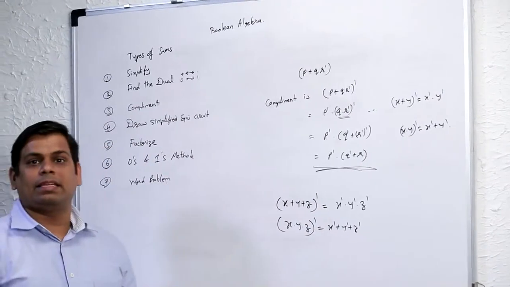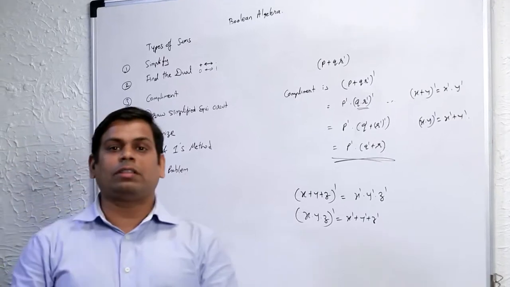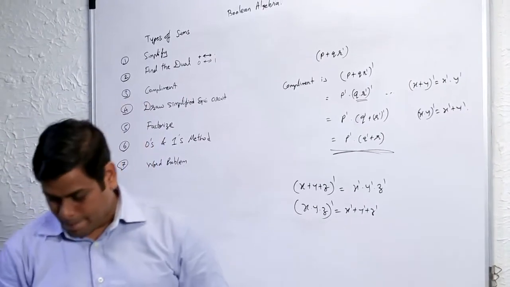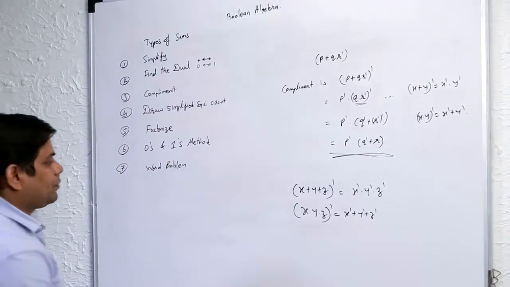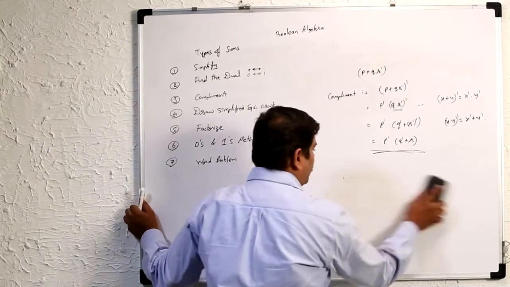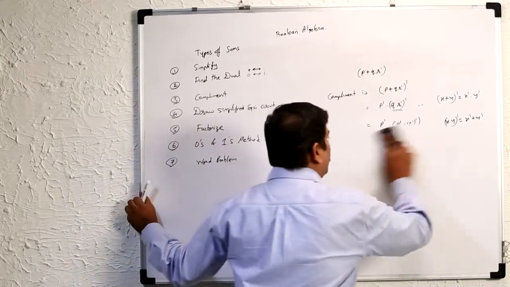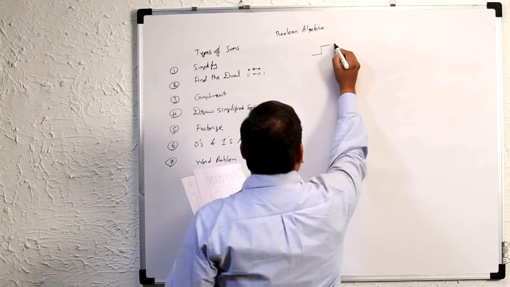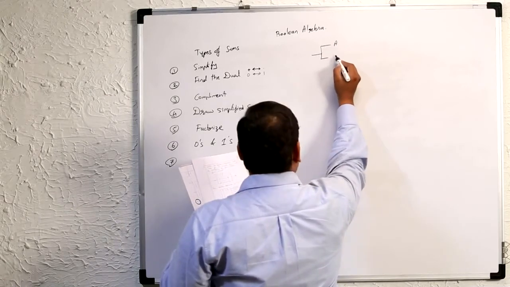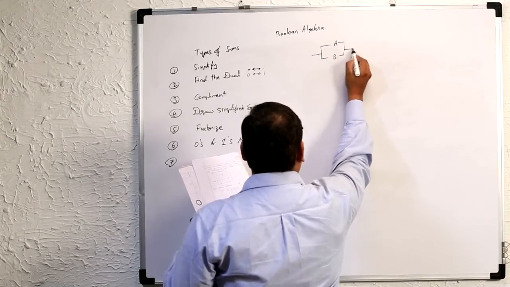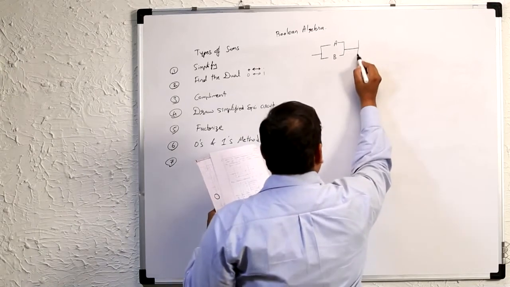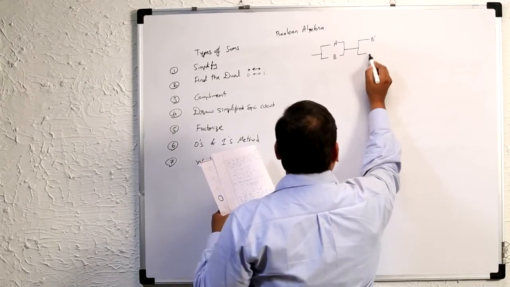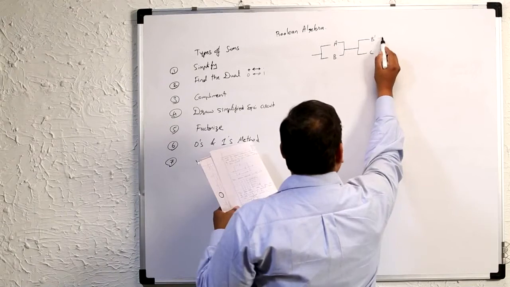Now let us see the next type of sum, called draw the simplified equivalent circuit. Now this is something which comes in the board exam for 5 marks. Always 5 mark sums on this. Switch A is connected in parallel with B. B dash is connected to C in parallel.